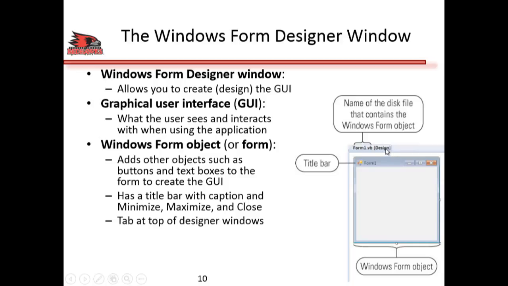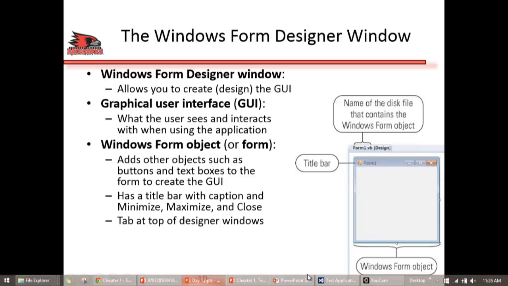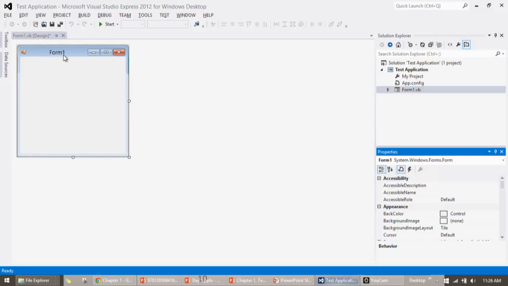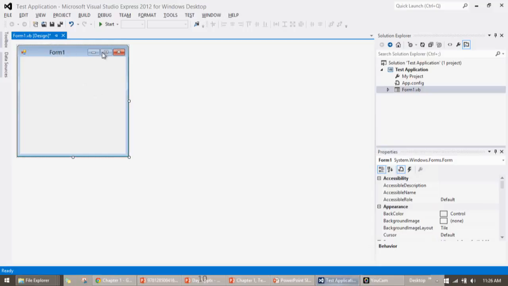Like here is for design, you can change it to something else. So basically, the title bar with minimize, maximize, and close options. So again, going back to the actual thing, see it's pretty similar. Minimize, maximize, close, form name, stuff like that.